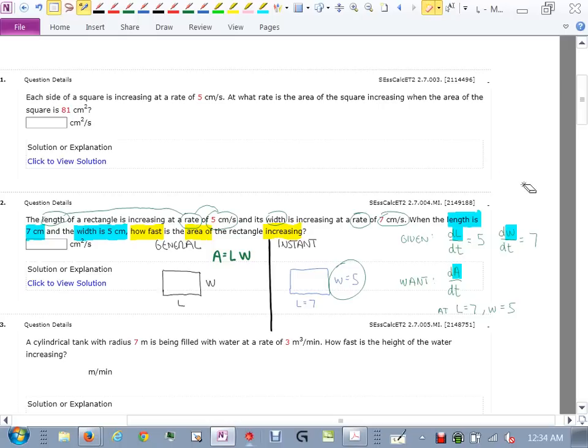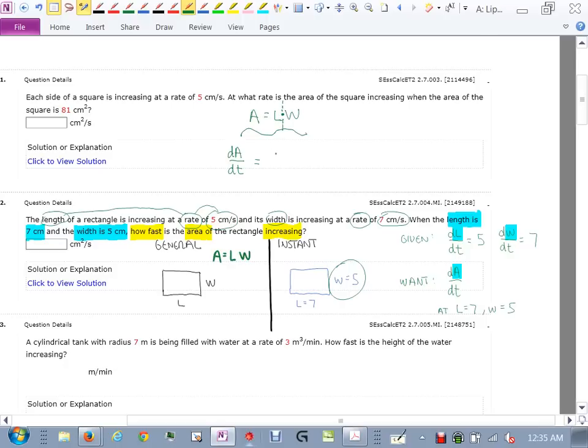Okay, so now I'm going to take that equation, which was A equals LW, and I'm going to differentiate it with respect to time. So on the left side, derivative of A with respect to time is dA/dt. And on the right side, notice we have a product, so we must apply the product rule.